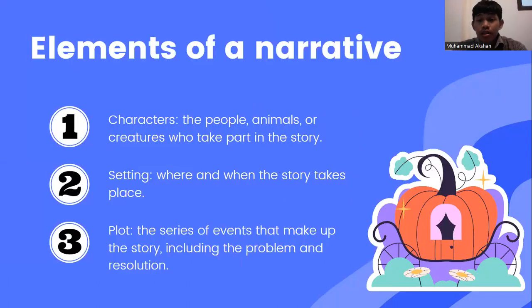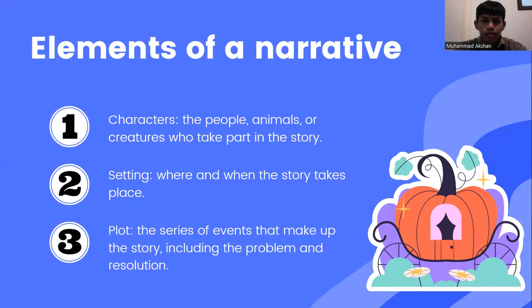Now we enter two elements of narrative text. Number one, characters. Characters are the people, animals, or creatures who take part in the story.